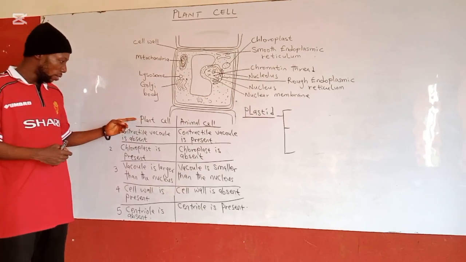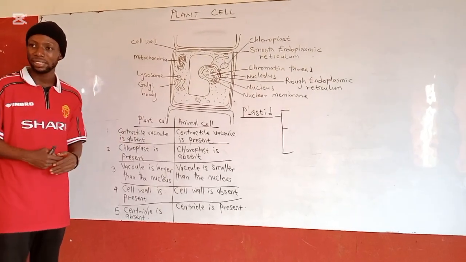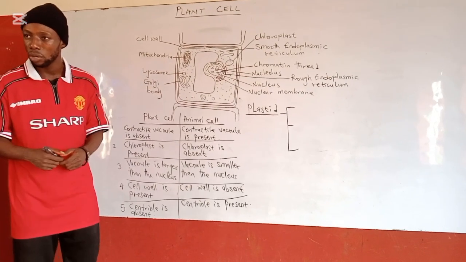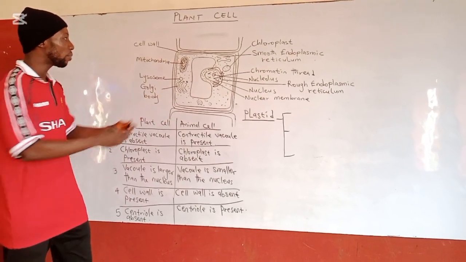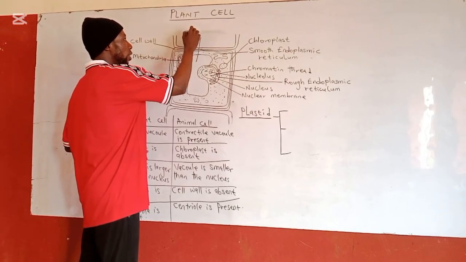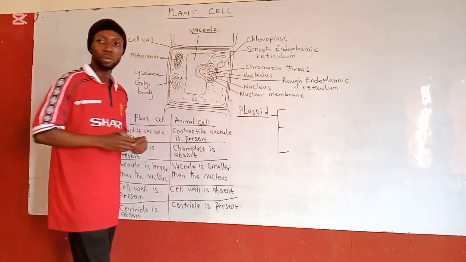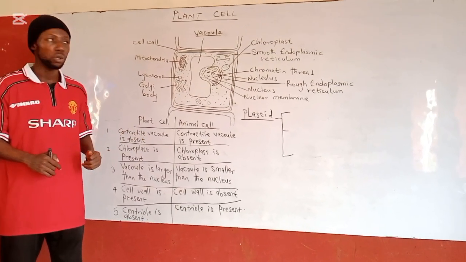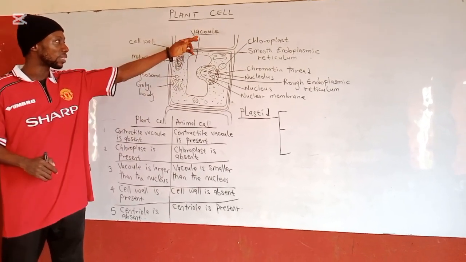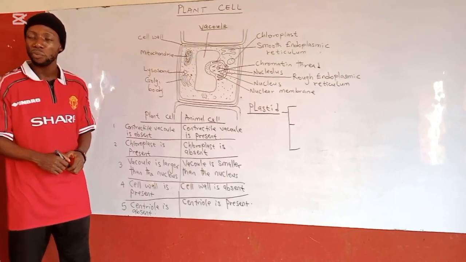Okay? In the plant cell, the contractile vacuole is absent. There is no contractile vacuole in the plant cell. If you look at the diagram here, we have a vacuole. Okay? A vacuole is present in the plant cell, but the vacuole is not a contractile vacuole. The vacuole we have in the plant cell here, as you have on the board, is a food vacuole.